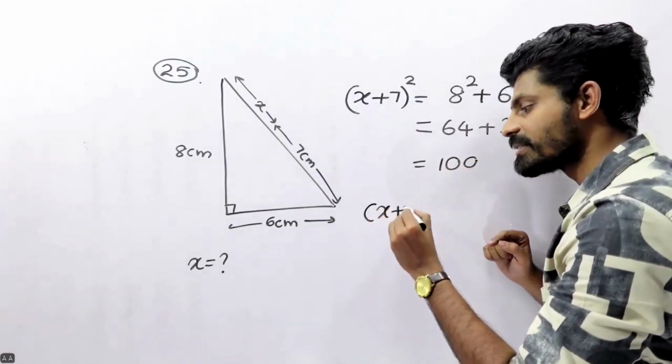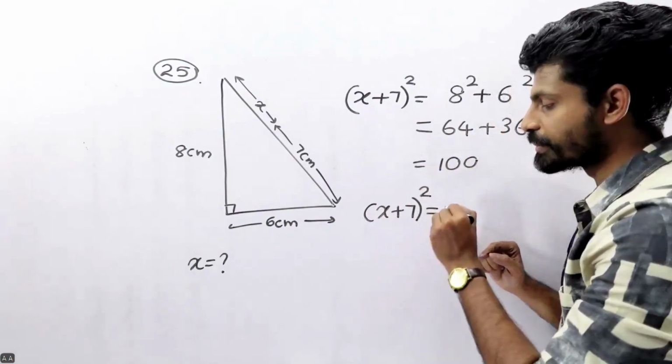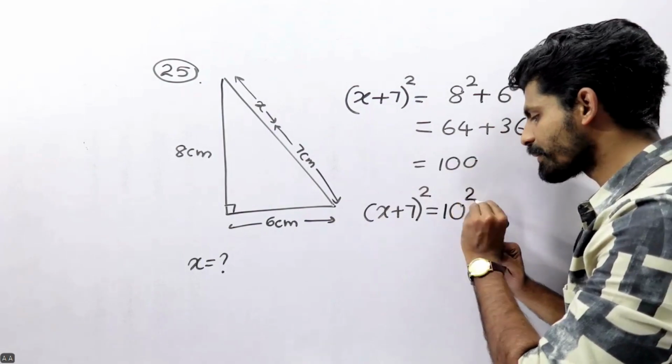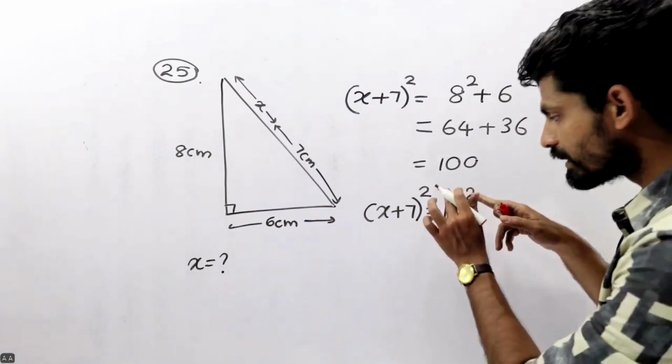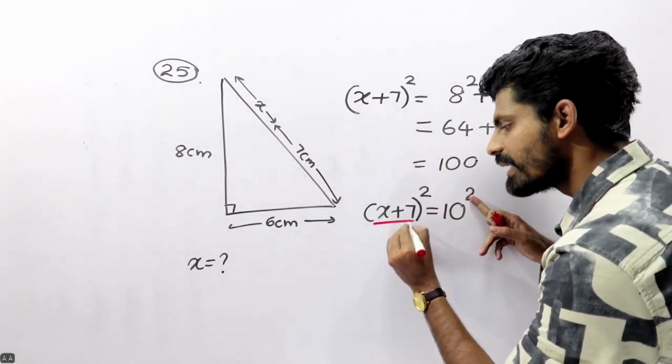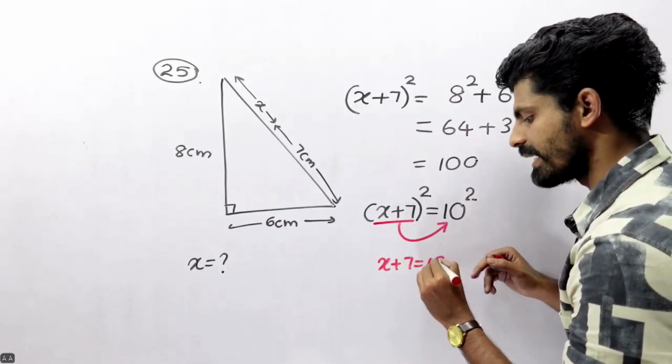So x plus 7 squared equals 100, which is 10 squared. Taking the square root, x plus 7 equals 10.